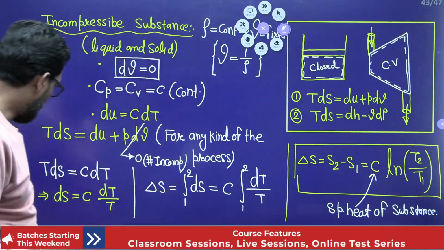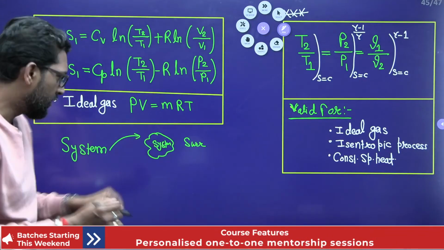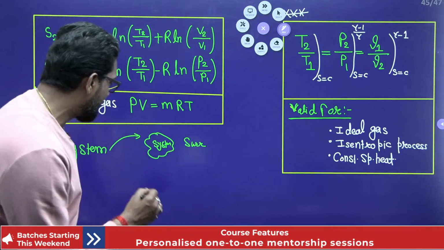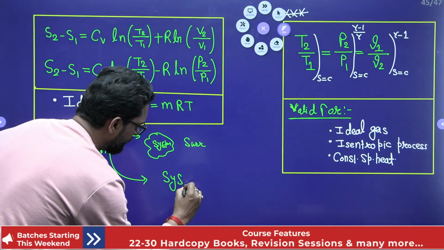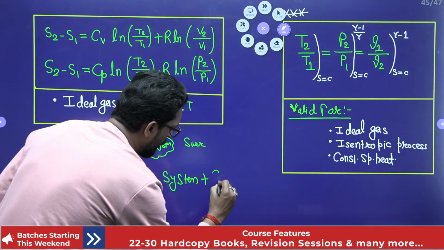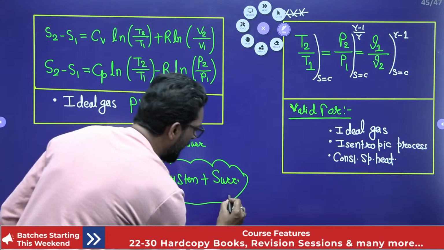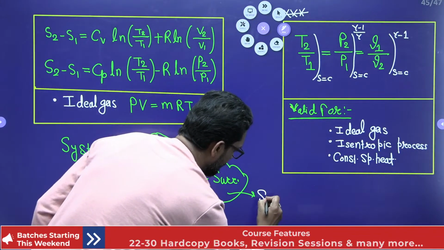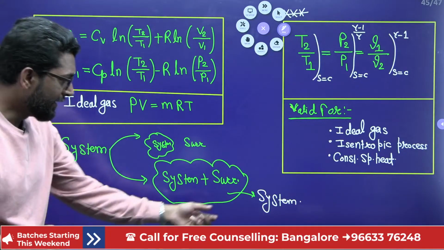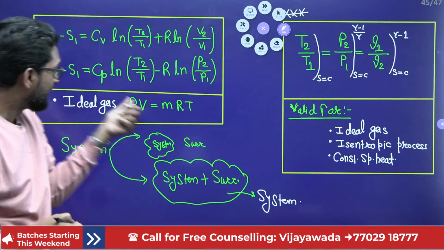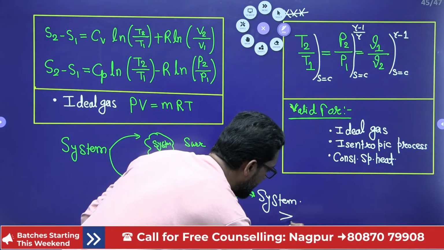So Atul, your answer is this equation is applicable to a system or a system which includes a surrounding also. That means this is for the system plus surrounding, and system plus surrounding also acts as a system. So in this case, the change in entropy is always greater than or equal to 0.